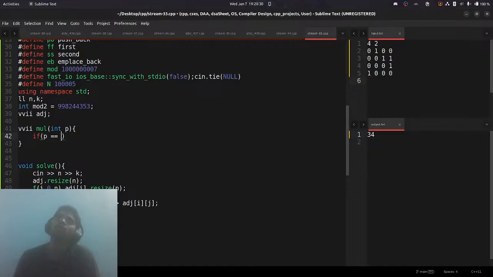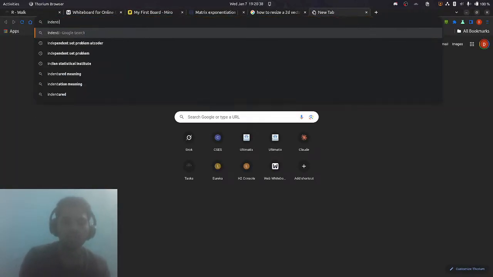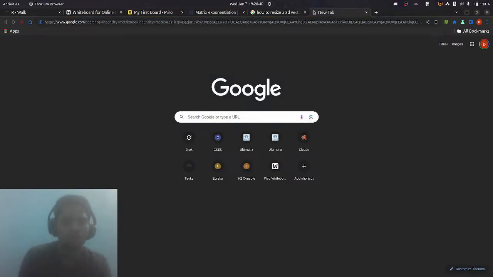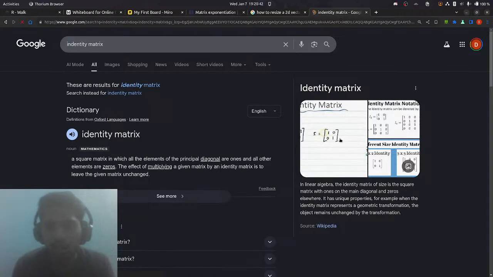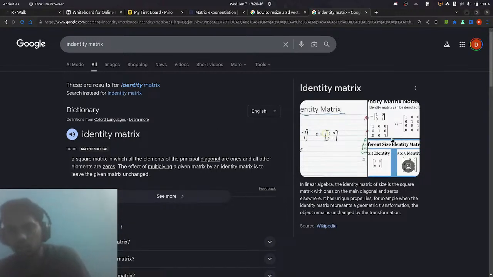Okay, not all ones, but just an identity matrix, you can see like this. We can return a matrix like this.